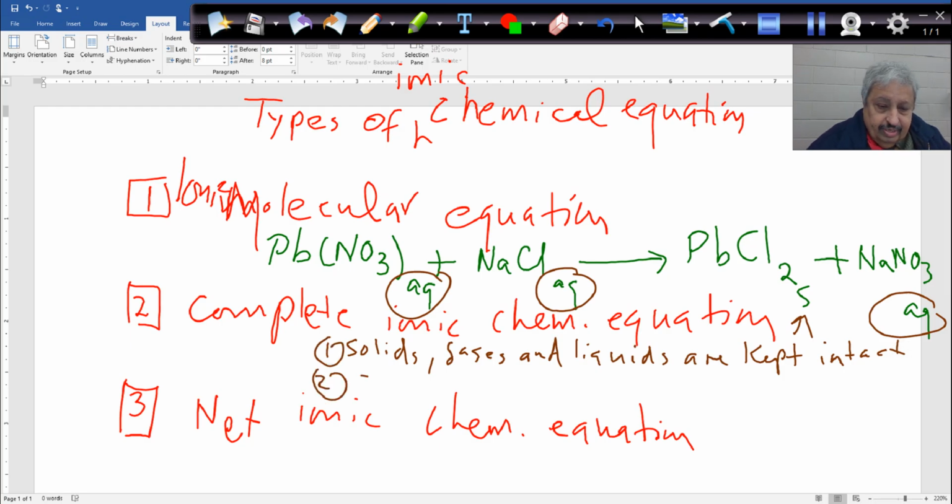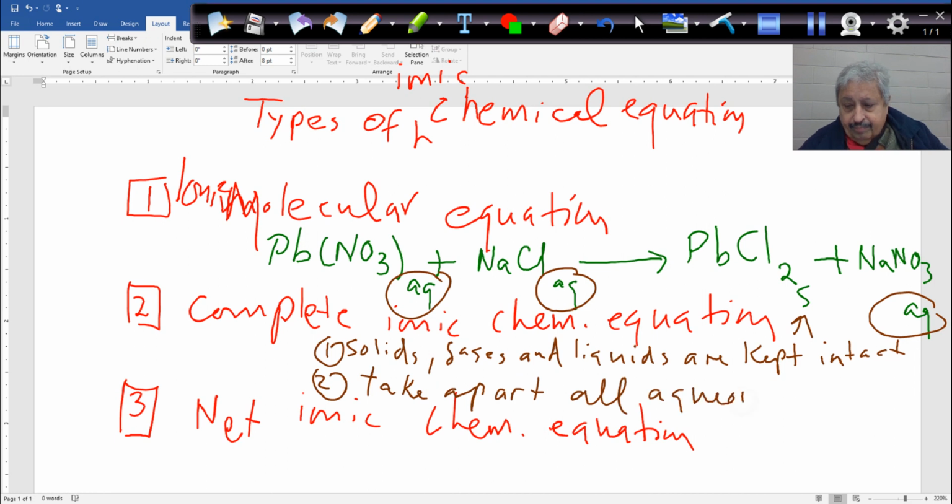Second, take apart all aqueous ionic compounds. Okay, guys?